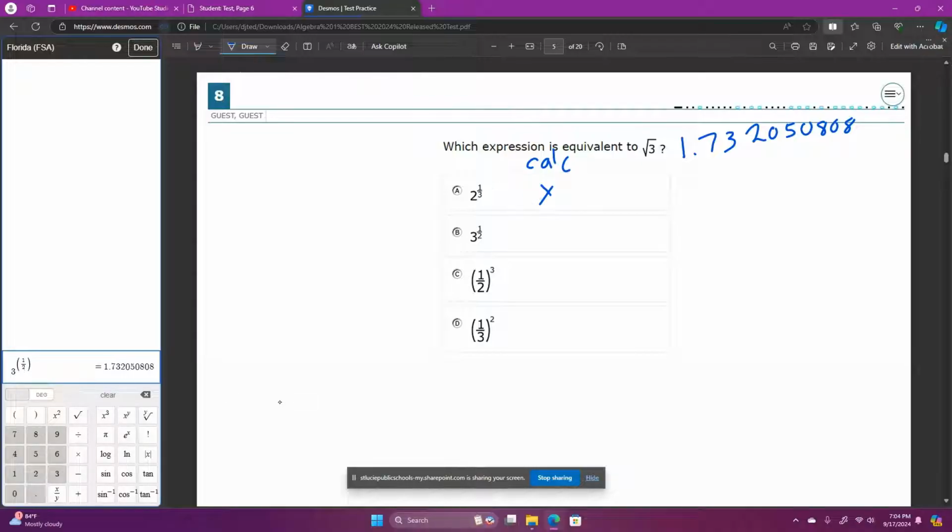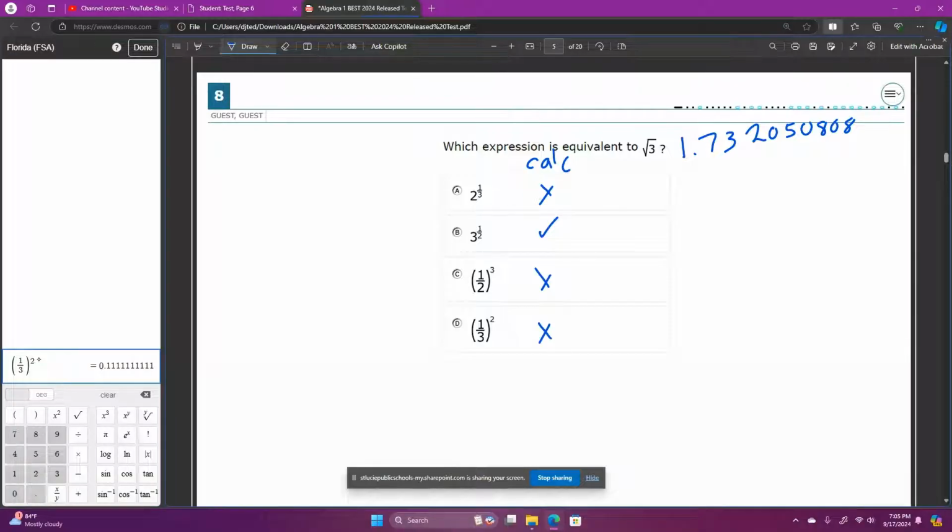Calculator found match. 1/2 to the power of 3. Not a match. And then 1/3 to the power of 2. Again, not a match. So by the calculator, only one of these answer options matches this. So that's definitely the answer.